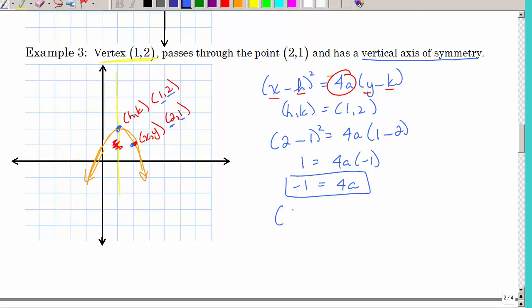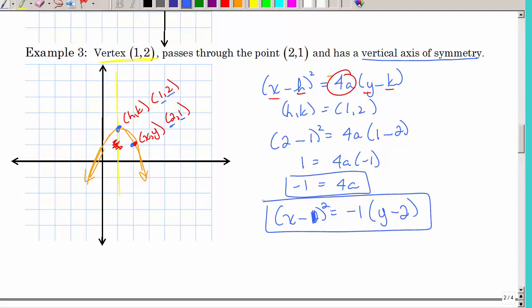So if I want to write my equation, oops, not 2, but 1. 4a is negative 1. So that's my equation. Graphing it, just using symmetry, I know if there's a point over here, there's a point over here. That looks good.